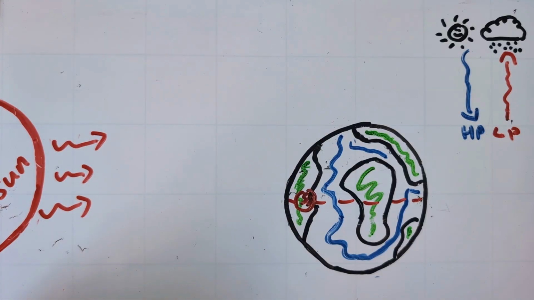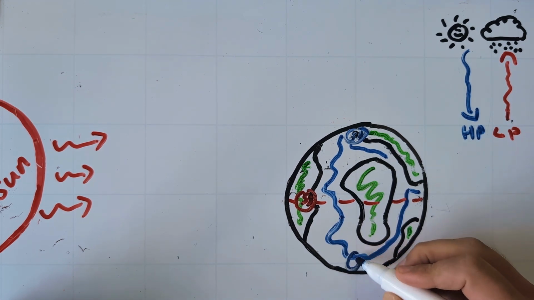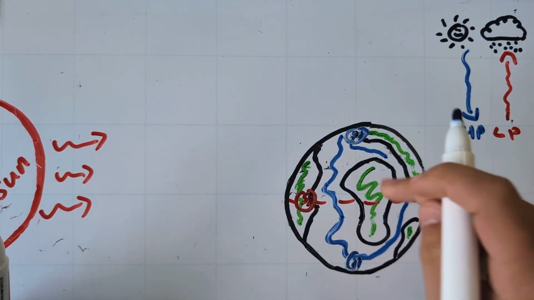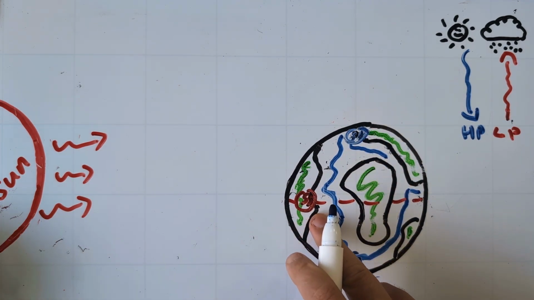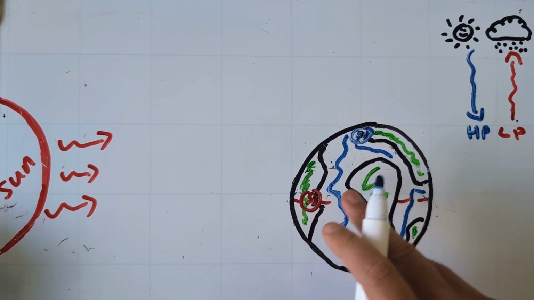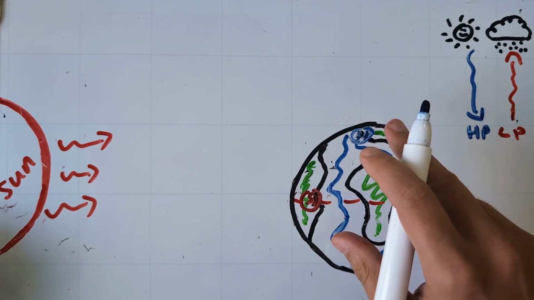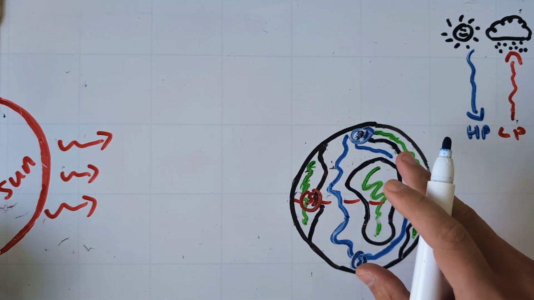Our poles are facing almost away from the sun, and so they receive a low concentration. So we have a high concentration of solar radiation at the equator. That's why the equator is always 30 degrees every single day, okay? While at the poles, temperatures can get as low as minus 50, okay?